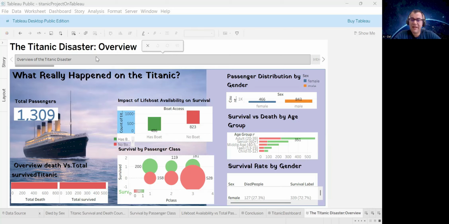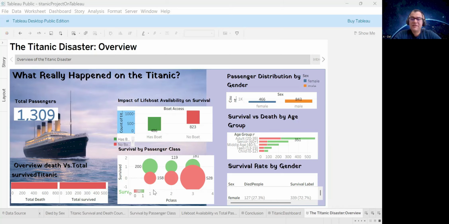Also passenger class: first class, second class, and third class. Also age, which helps identify differences between children and adults. These variables allow us to explore patterns in the data and understand which factors affect survival.